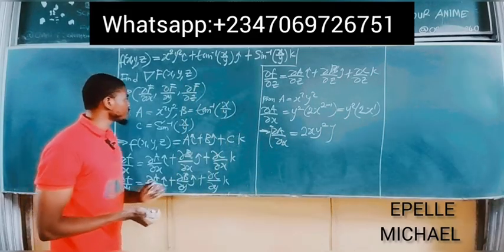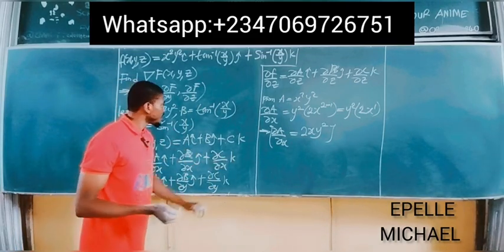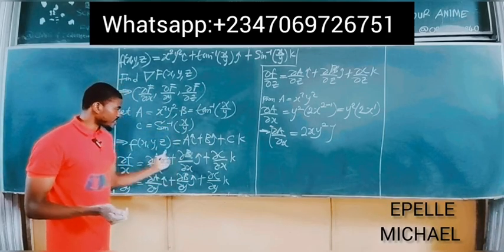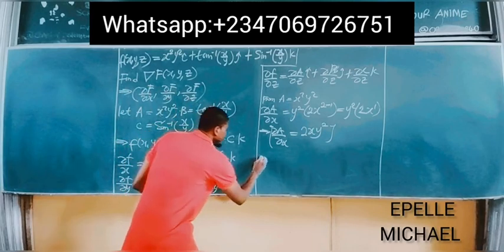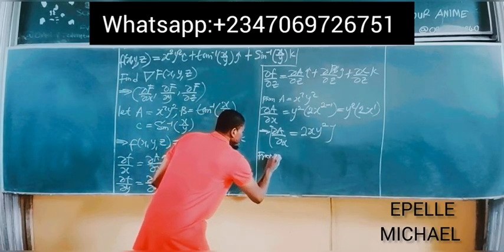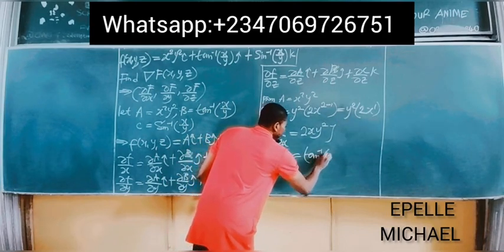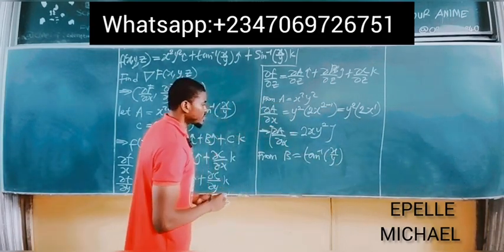All right, so next is to differentiate b. Let's try to achieve this first equation. Next is to differentiate b with respect to what? x. From the first equation, differentiate b with respect to x. So from b equals tan inverse of x over y, I want to differentiate b with respect to x.